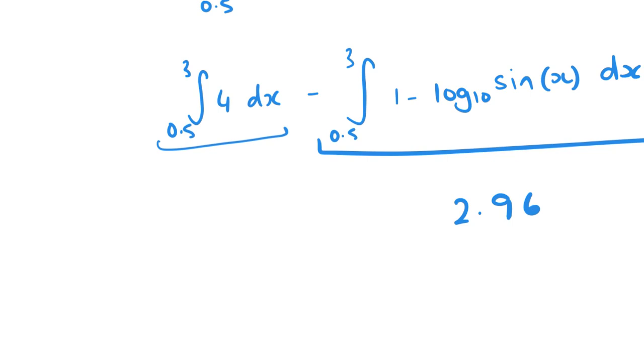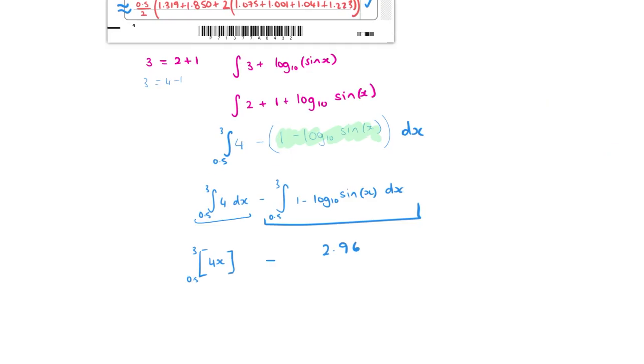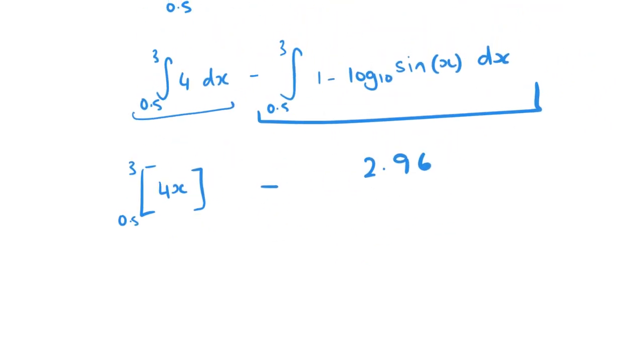Okay, so what's the integration of 4? 4x. Between 3 and 0.5. So could you just put this into the calculator? It's 3 marks. I think they want to see you integrate that 4. So you can put it into the calculator anyway, just to give you the answer.